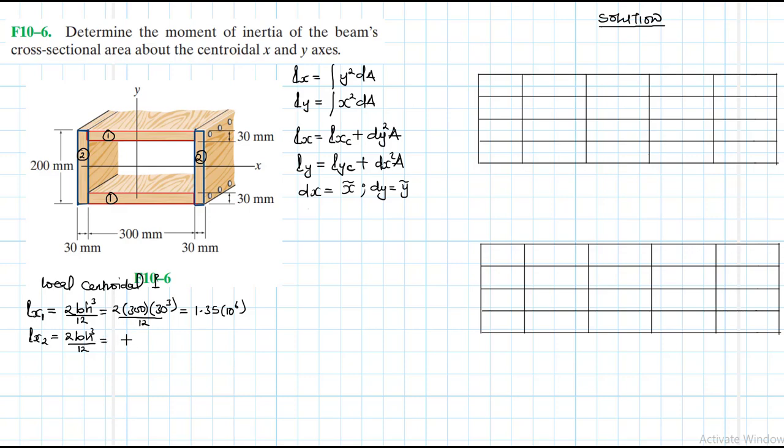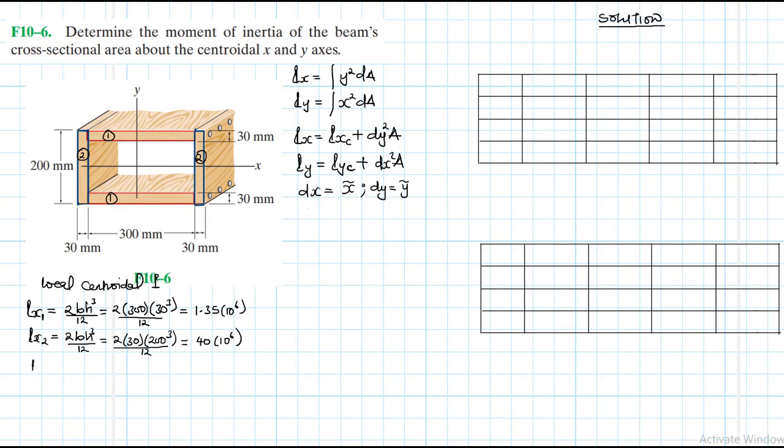So this is equal to 2 times our b for part 2, which is 30, and our h is 200, cubed, divided by 12. That's 2 times 30 times 200 cubed divided by 12. This gives us 40 times 10 to the power 6.